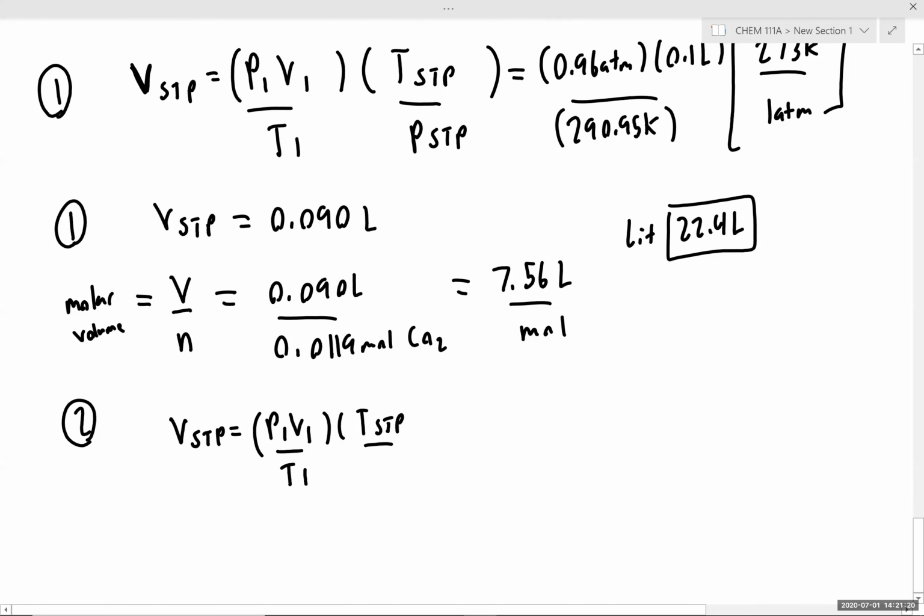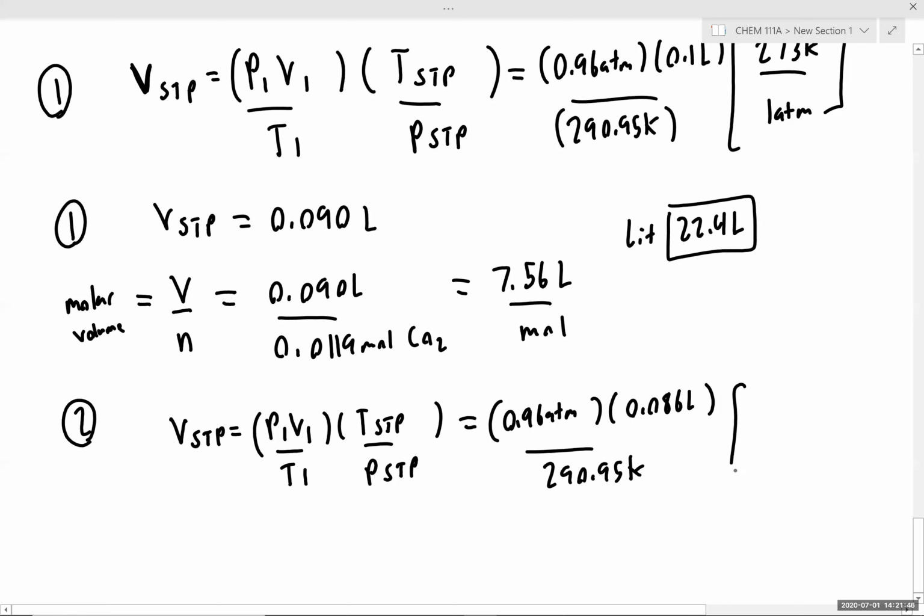So completing these calculations for trial 2, the volume at STP is the pressure times the volume over the temperature, times the temperature at STP over the pressure at STP, which gives us 0.96 atmospheres times 0.086 liters over 290.95 Kelvin times 273 over 1 atmosphere.